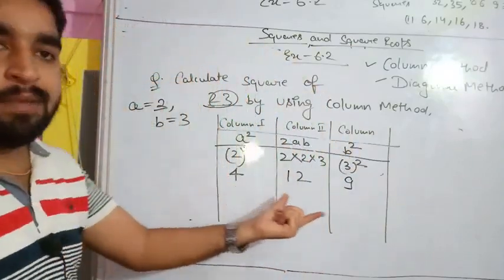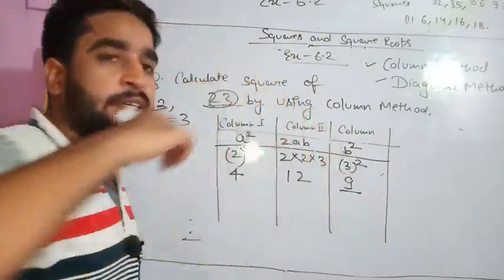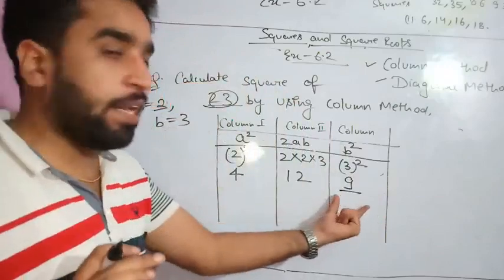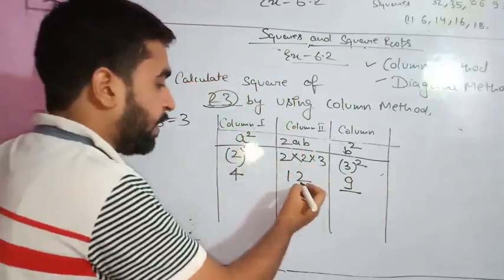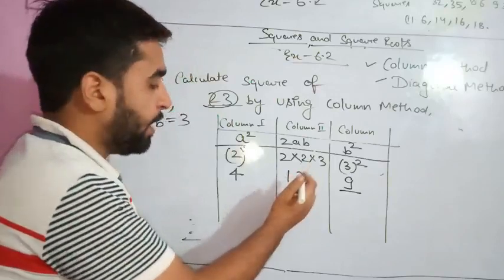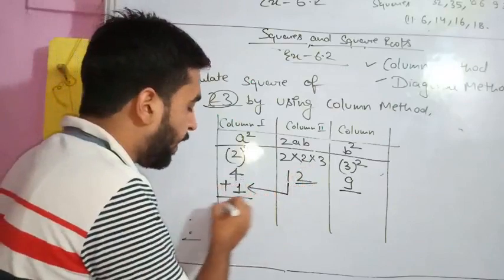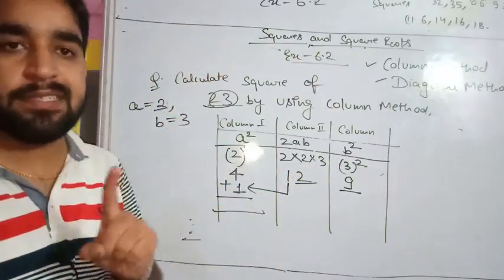Now students, remember one thing: if it is a single number, we will underline it. This is also a single number, we will underline this. The ones place digit we will underline, and the tens place digit we will shift to another side for addition. Remember this step.